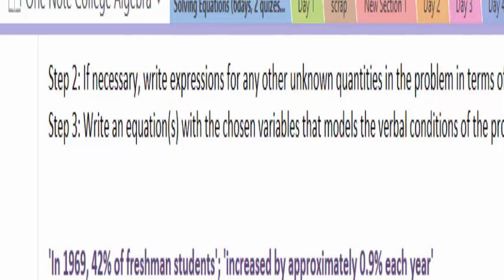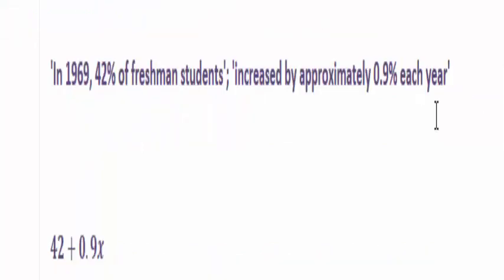So I'm going to look at this sentence here. In 1969, 42% of freshman students, and then another fragment of another sentence, increased by approximately 0.9% per year. So we started with 42% in our beginning year, 1969, and we added 0.9% per year. So just looking at that phrase, we can say 42 plus 0.9x, x being the number of years.